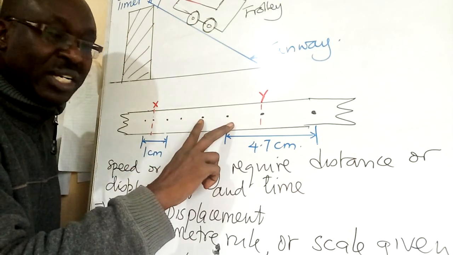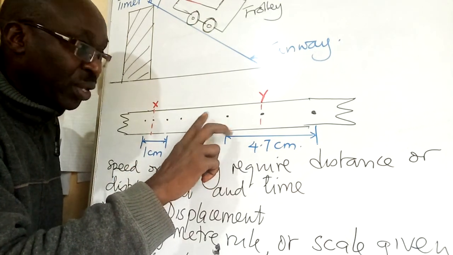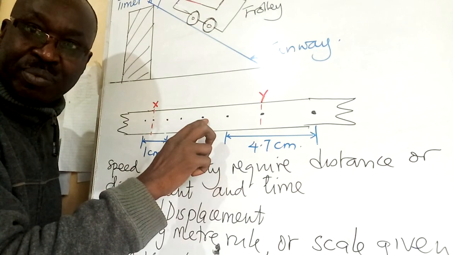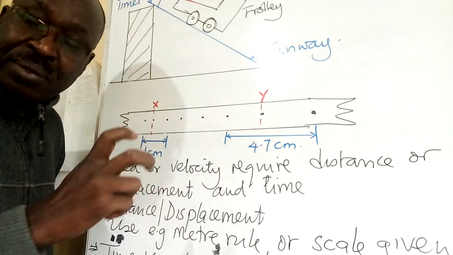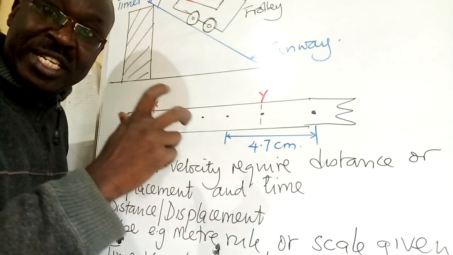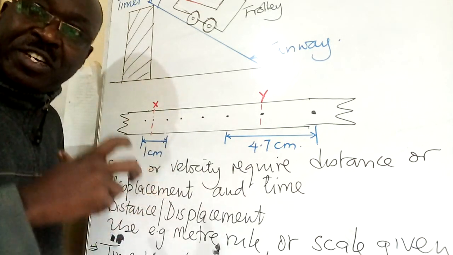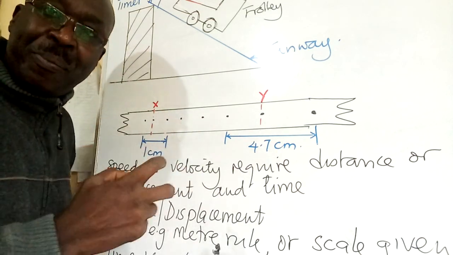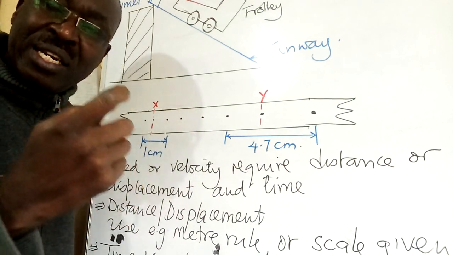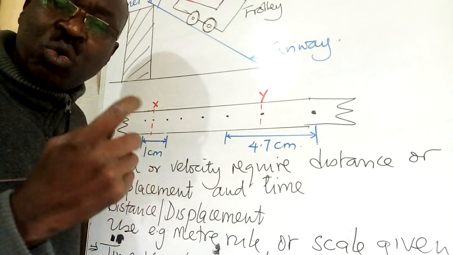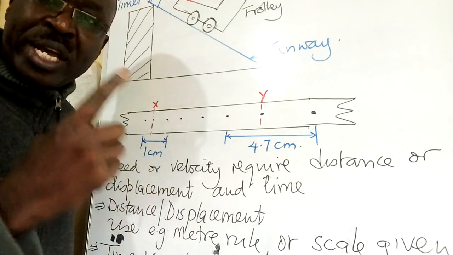If I take example of these two, I have a distance between them. So if 50 spaces or 50 dots happened in 1 second, how long does it take to make one space?